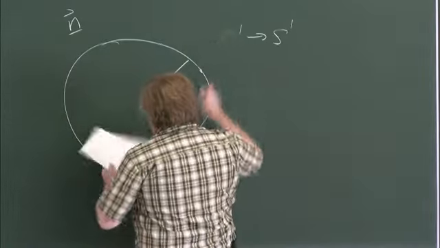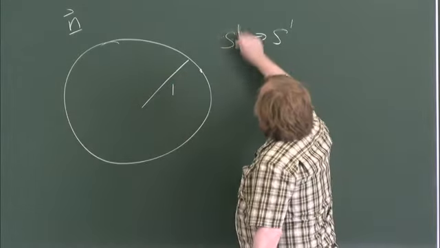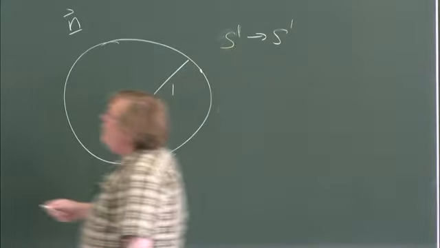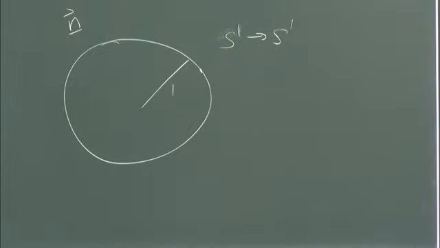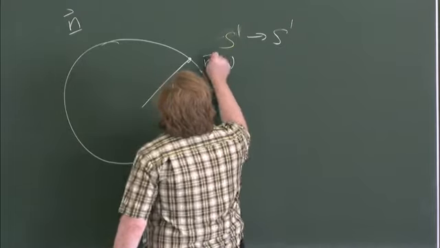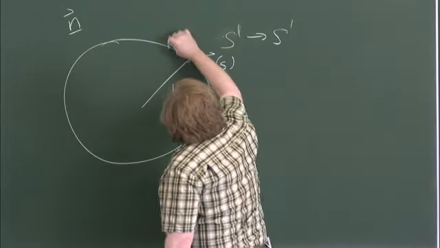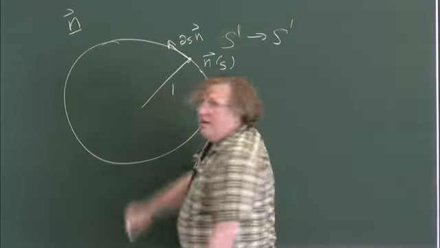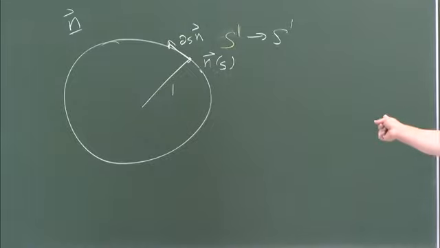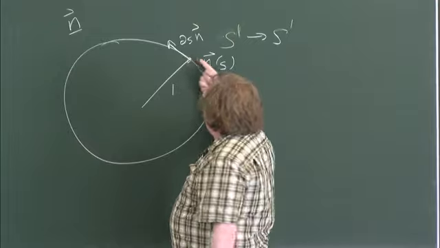I'll make the 1 in yellow too. I have a map from the circle to the circle, and at each point, you're giving me a particular direction n. Here's n of s, like so. And dsn is how much? This is dsn. So n cross dsn is telling me the signed length on this path, because n cross dsn is either pointing this way.